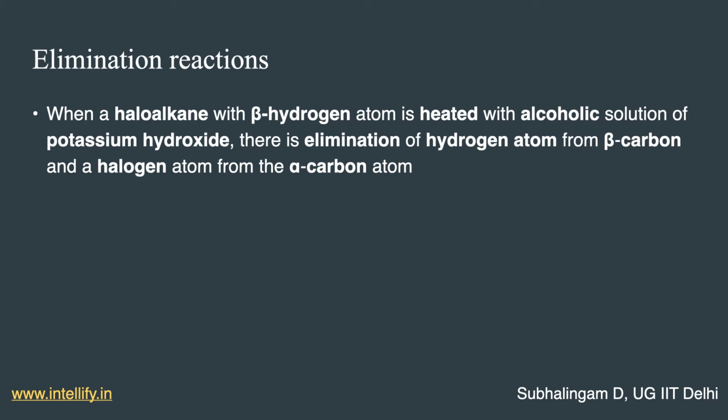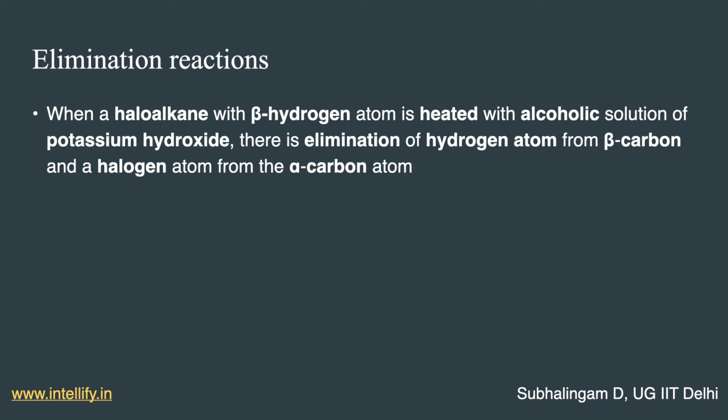So when a haloalkane with beta hydrogen atom is heated with alcoholic solution of potassium hydroxide, there is elimination of hydrogen atom from beta carbon and a halogen atom from the alpha carbon atom. What is alpha carbon atom? Similar explanation. It is the same carbon to which the halogen is bonded. And note that here the reagent is alcoholic solution of potassium hydroxide.